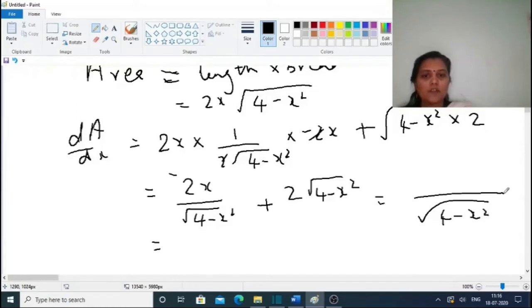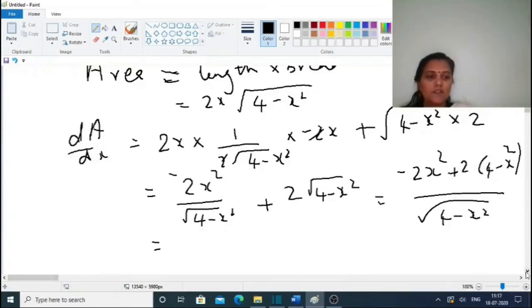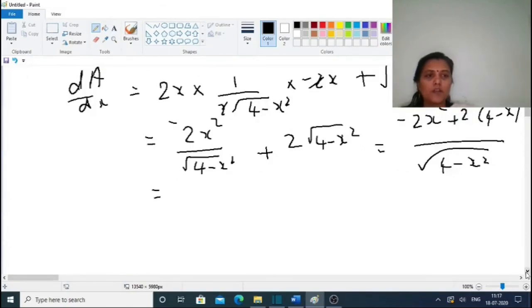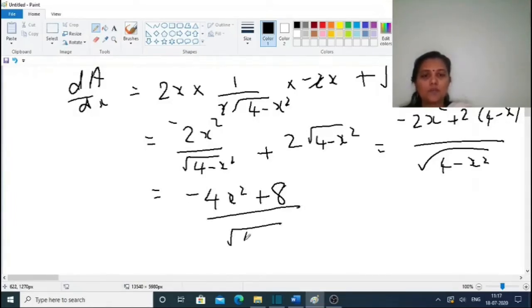So this is minus 2x square plus 2 into 4 minus x square. When we simplify this, minus 2x square minus 2x square, this is minus 4x square plus 8 by square root of 4 minus x square.